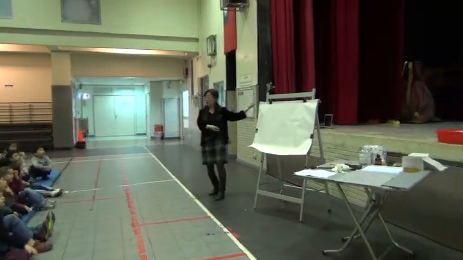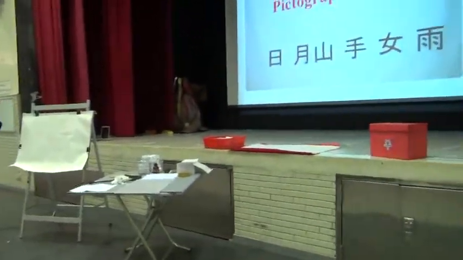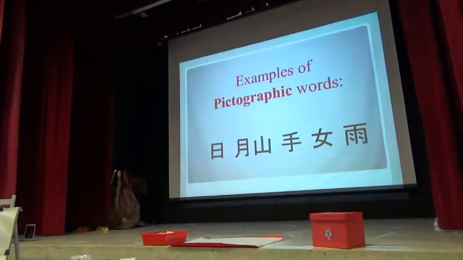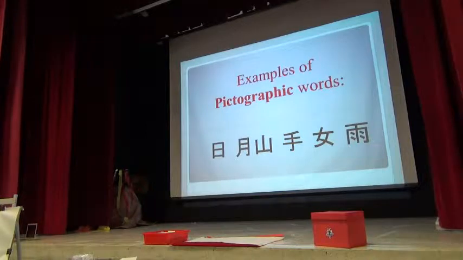The majority of you know these characters, okay? We call that pictographic words. Can you say that word? Pictographic. Pictographic. So pictographic words are the root words, okay? Those are the words that are similar to pictures.